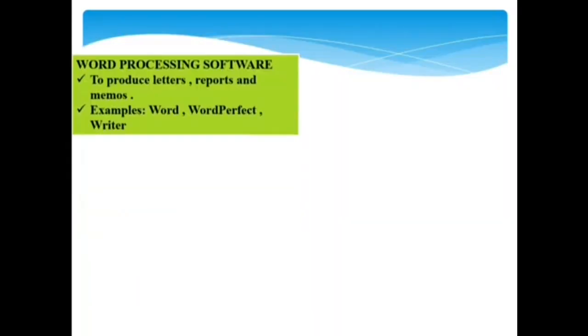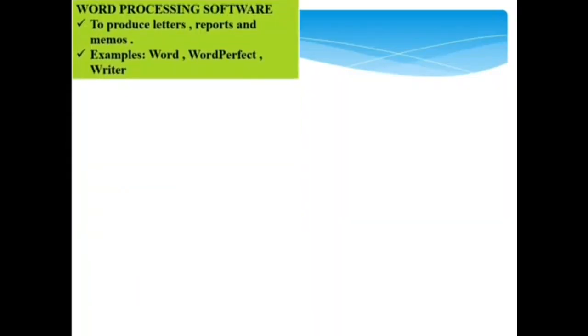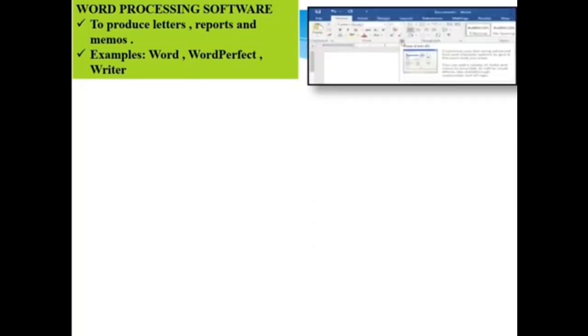So first we see the word processing software. It produces letters, reports and memos. Example, what are the software? Word, WordPerfect and Writer. I will show you the MS Word document now.